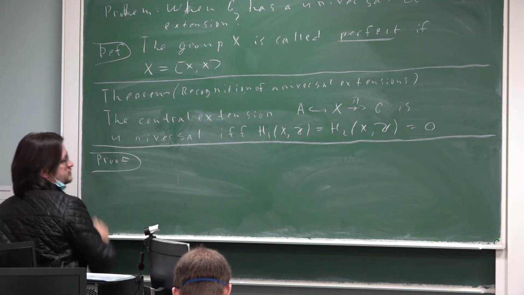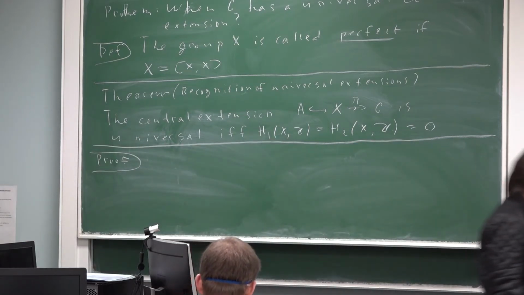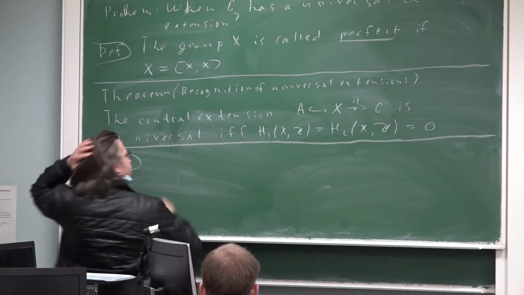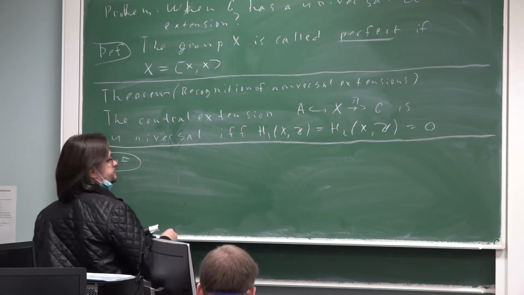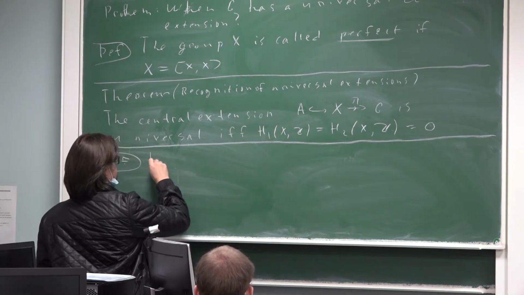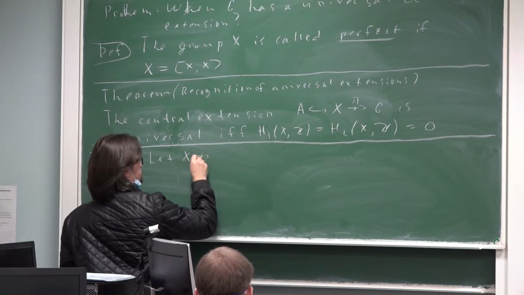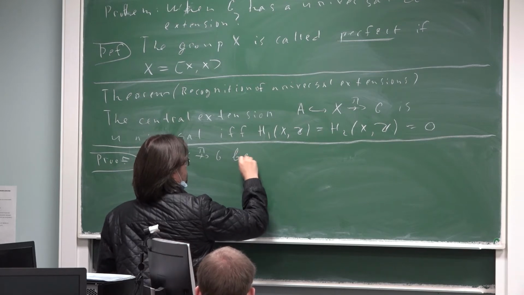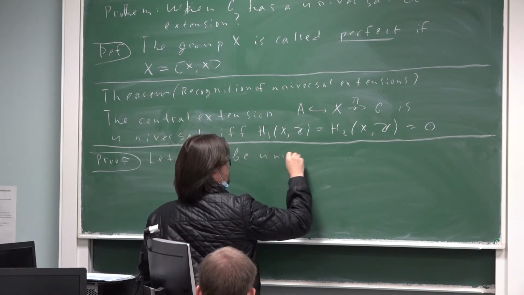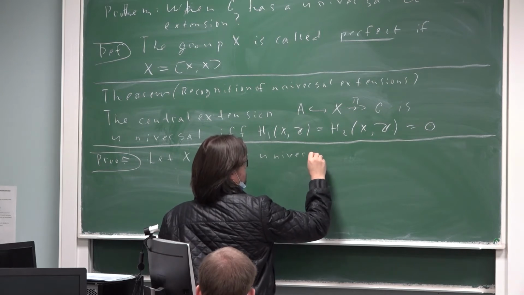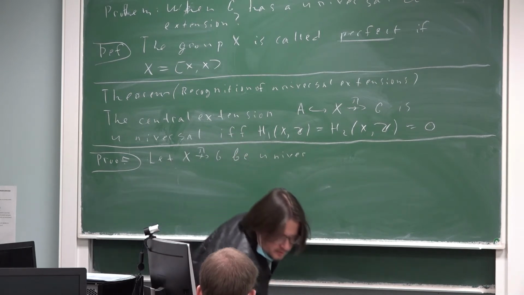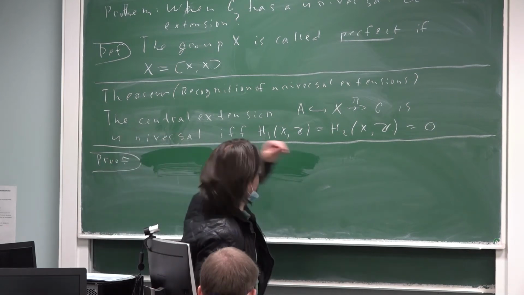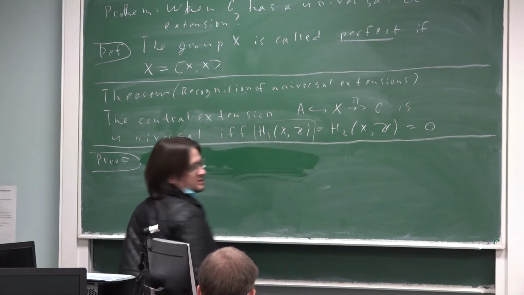So first, let us show that if this extension is universal, then these vanish. Let us first consider the case where this is non-zero.